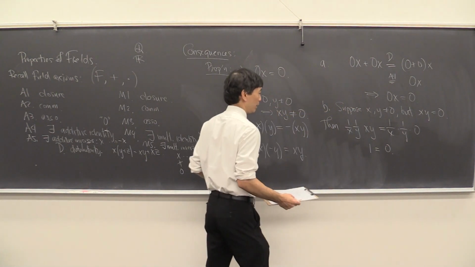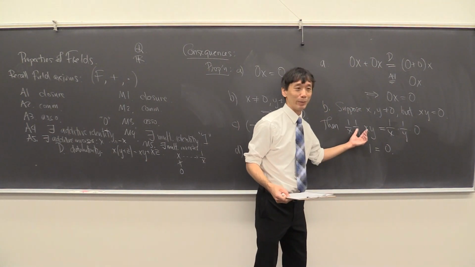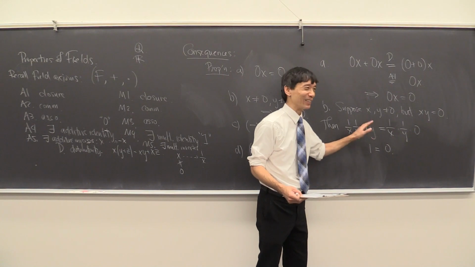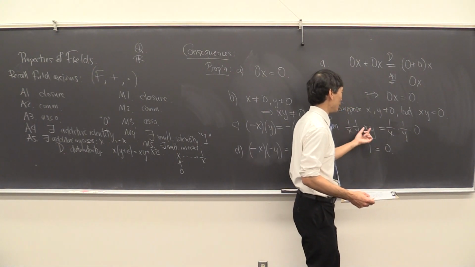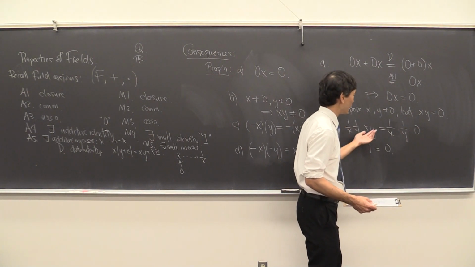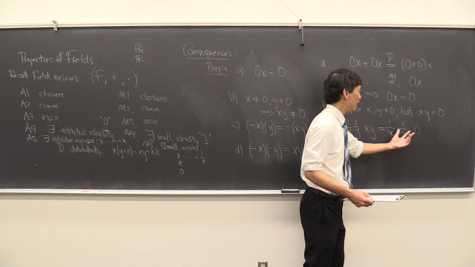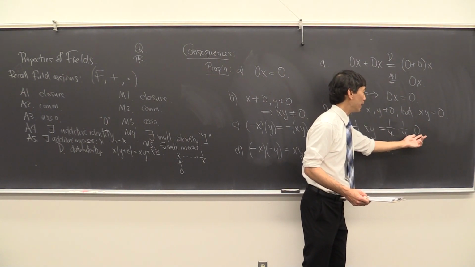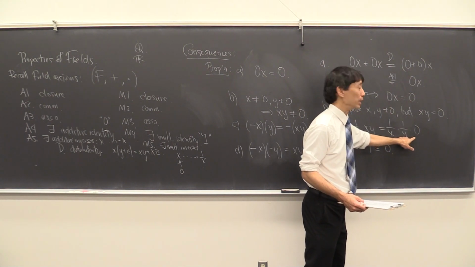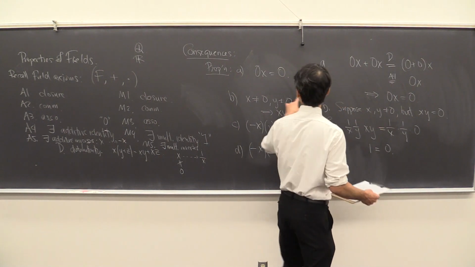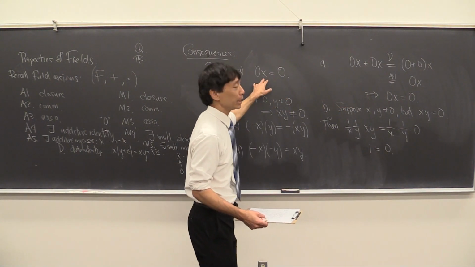Right? Maybe I should. Do people want me to write that out? The commuting and the associating. Okay, good. Right. So yeah, you're going to use the commutativity and associativity, and here you use part A, right? Because this times this is going to be 0, right? Part A said that 0 times anything is going to be 0.